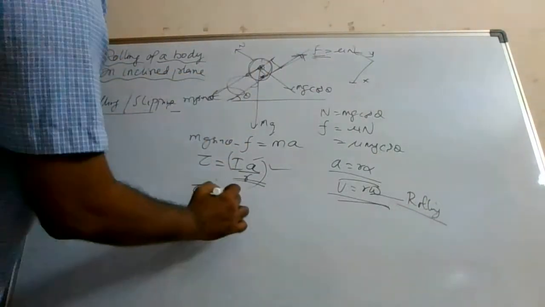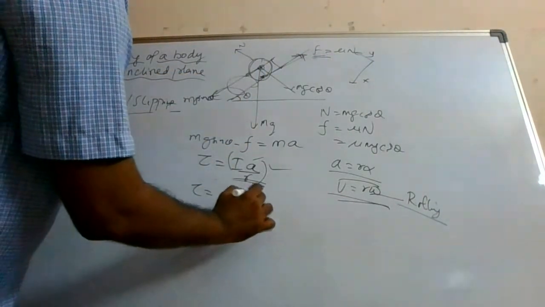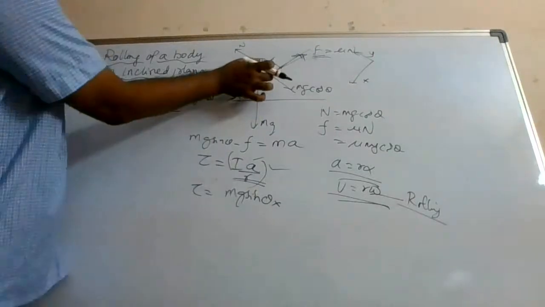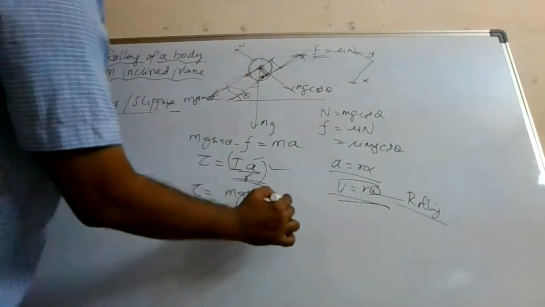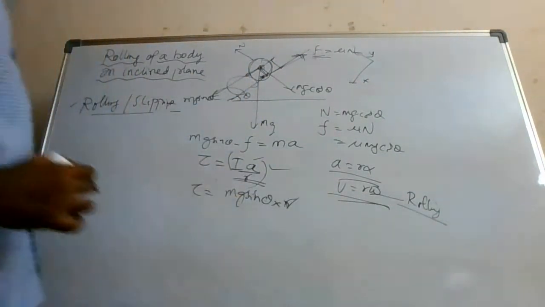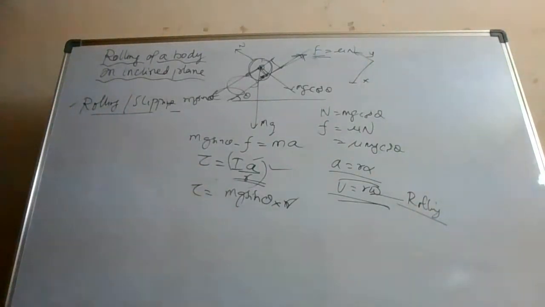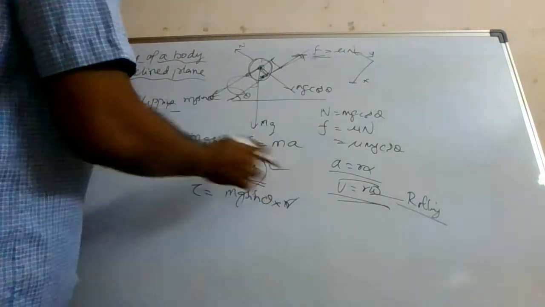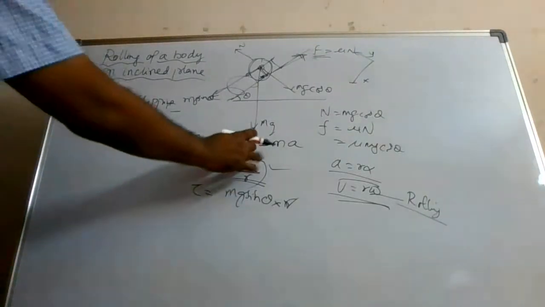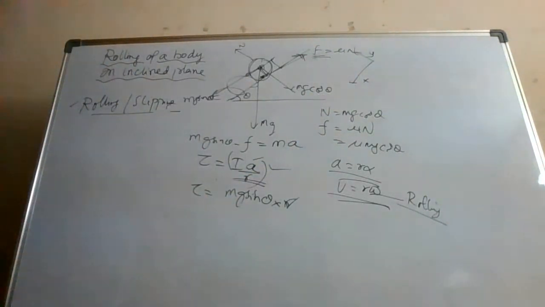Force is mg sin theta multiplied by this distance r. Okay, so these two we can equate them and we can find the value of a. So let us put the value of F from this equation and we can solve for the unknown.